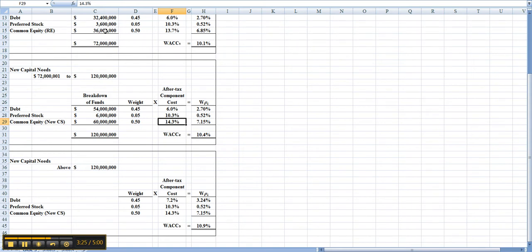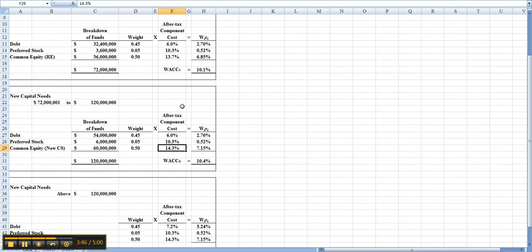We don't say, well, $36 million cost us 13.7 and 24 really only cost us 14.3. We take a conservative approach, or assume we're going to do one stock issue, and that one big stock issue is going to cost us 14.3%. So you see, because of that increase from 13.7 to 14.3, our overall weighted average has gone up a little bit from 10.1 to 10.4.